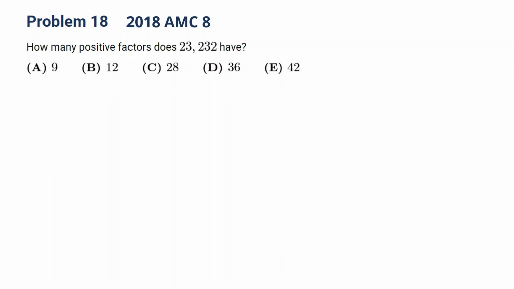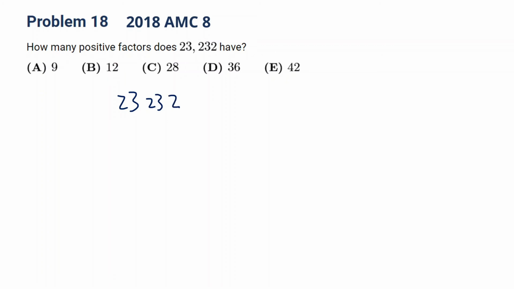Okay, let's see a real question. This is 2018 problem 18. Let's pause the video and think about it. Okay, let's come back. So here, the first step, we need to prime factorize 23232.